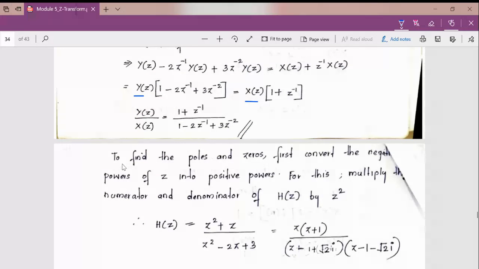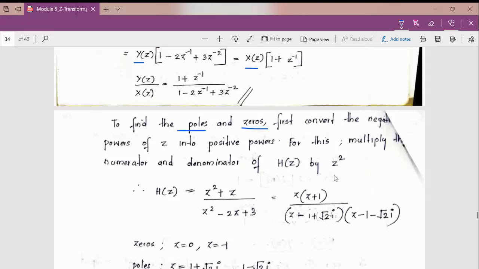Okay, so the next step is we need to find the poles and zeros, so that we can plot them. First we are converting the negative powers in H of z into positive powers by multiplying by z square. So H of z is equal to z square plus z divided by z square minus 2z plus 3.